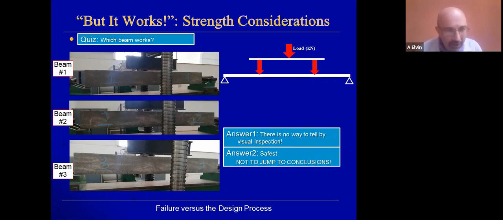It seems to be holding up, but we have no idea. So the statement, "but it works," is a non-conservative, ultra-liberal statement. And it is jumping to conclusions. All 3 beams on the outside are identical, and loaded identically, with identical boundary conditions. So let's start to explore.